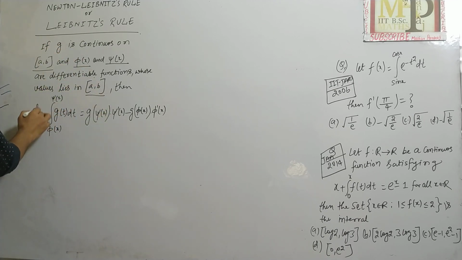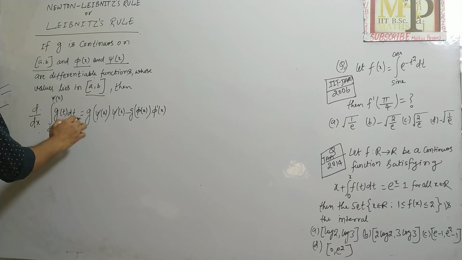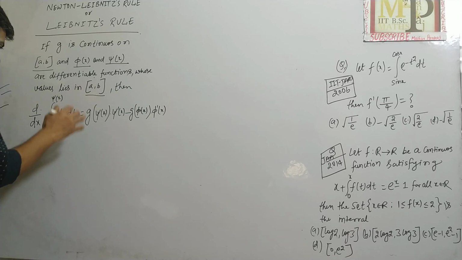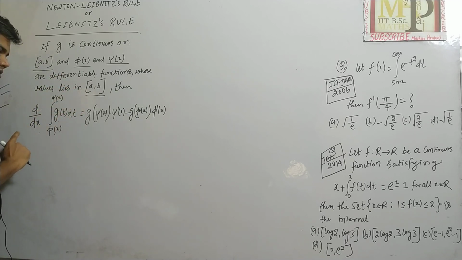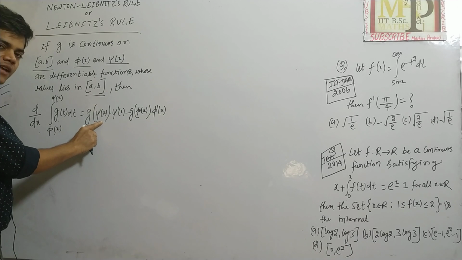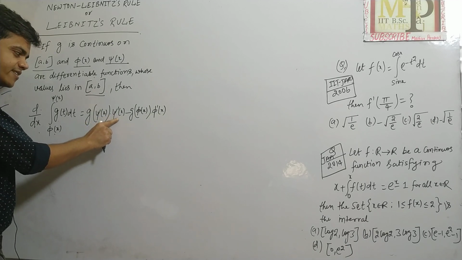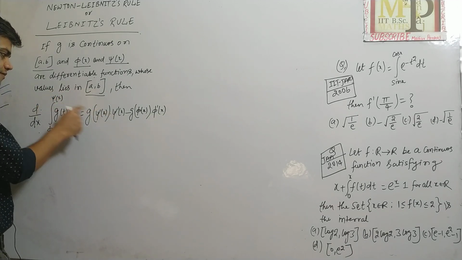Then d/dx of the integral from phi(x) to psi(x) of g(t) dt is equal to: you are given g(t) dt, then you put the upper limit in place of t, g(psi(x)), into psi dash x, meaning we have to take the derivative of this.